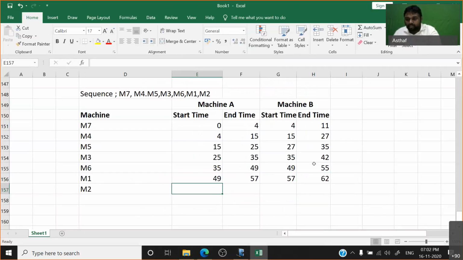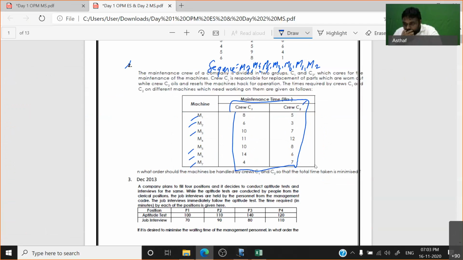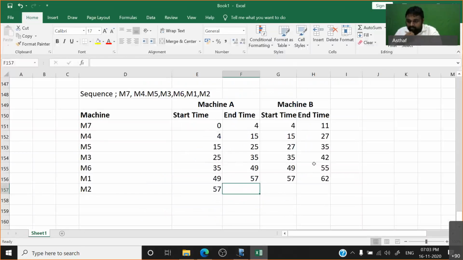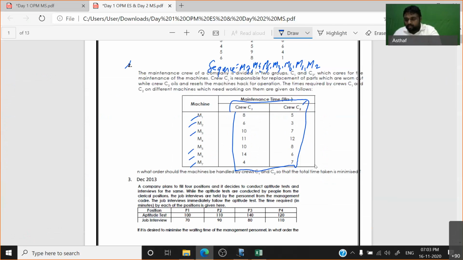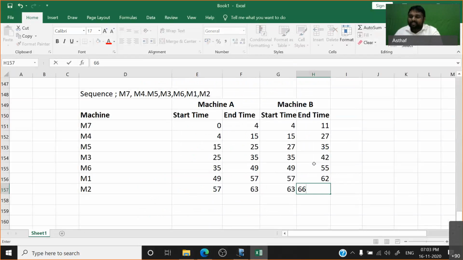See, M2, 6. Some of the friends already got the answer.